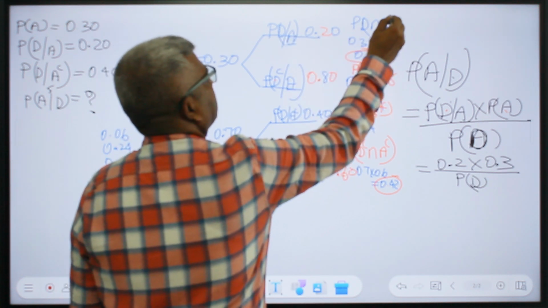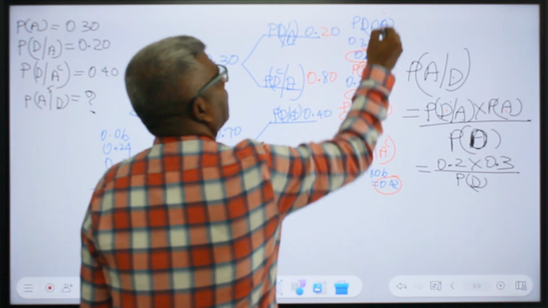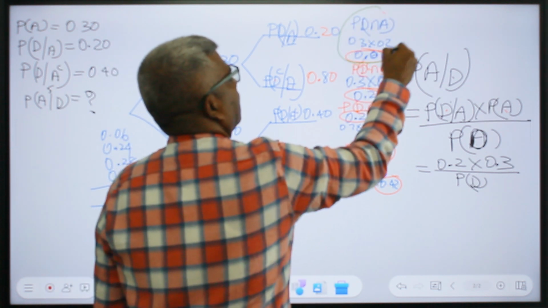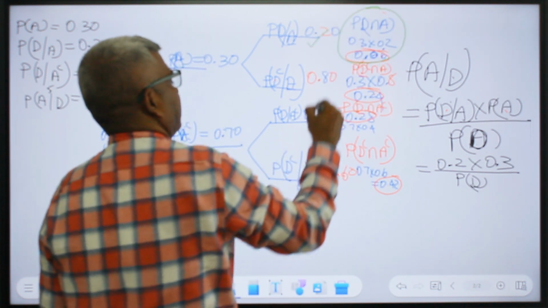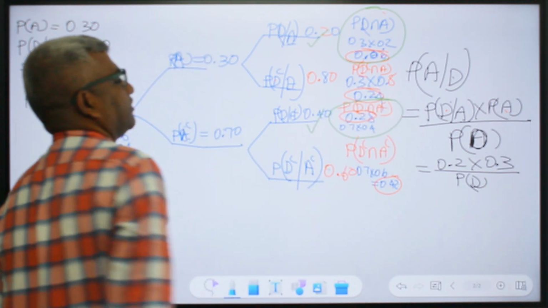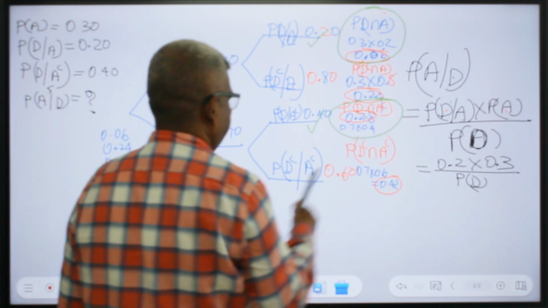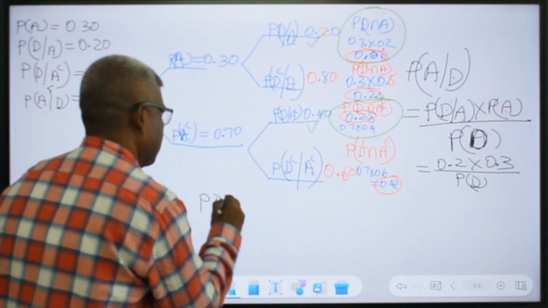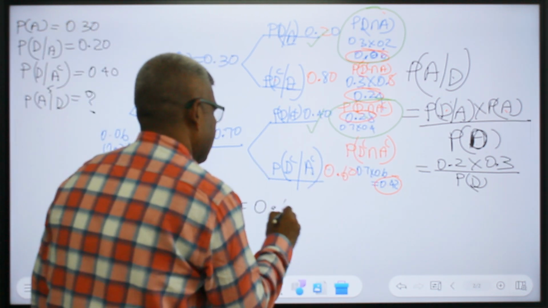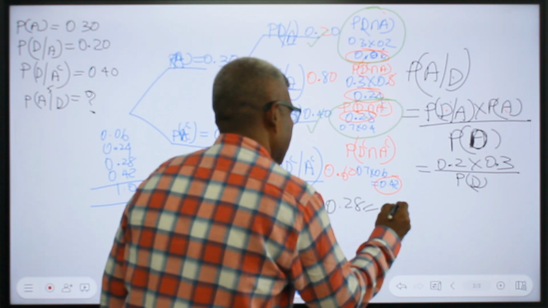This chain and this chain are probability of D. 0.06 plus probability of D is what? 0.06 plus 0.28 is equal to 0.34.